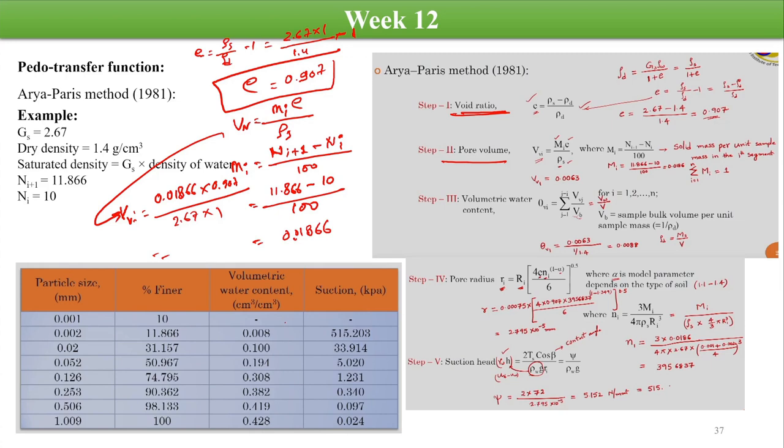So how much will we obtain? 0.01866 multiplied by 0.907, and we further divide by 2.67. We'll obtain this value as 0.00633, and this is the unitless quantity. Rho s is gram per centimeter cube, so it will be centimeter cube per gram.